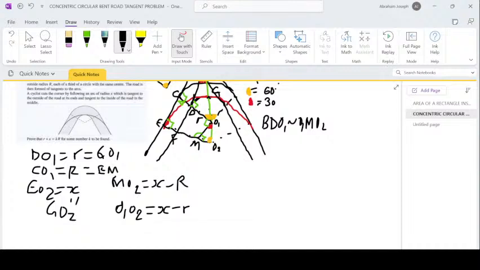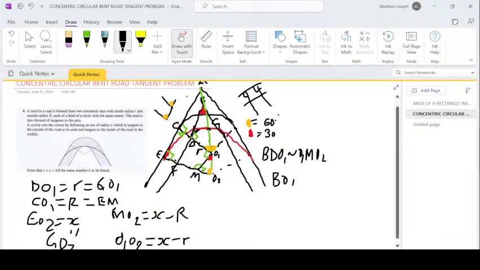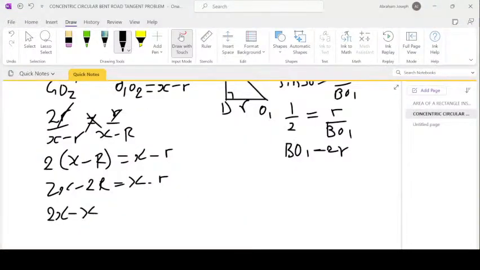So let's find some other side. Using the ratio of similarity, let's start with triangle BDO1. The green angle here is facing BO1. The green angle in the other triangle is facing O1 O2. The red angle is facing DO1, so DO1 over the side the red angle is facing in the other triangle, which is MO2, X minus X plus R, which equals 2R.